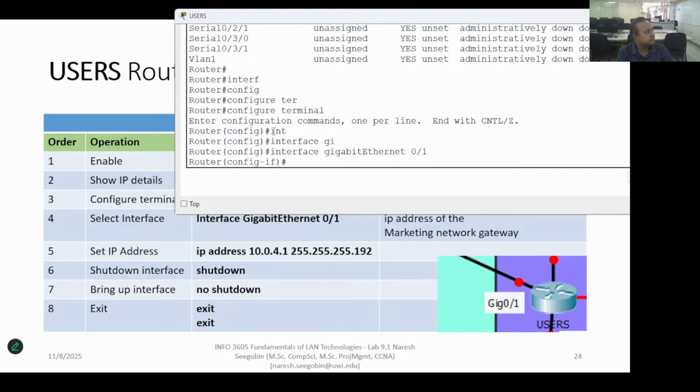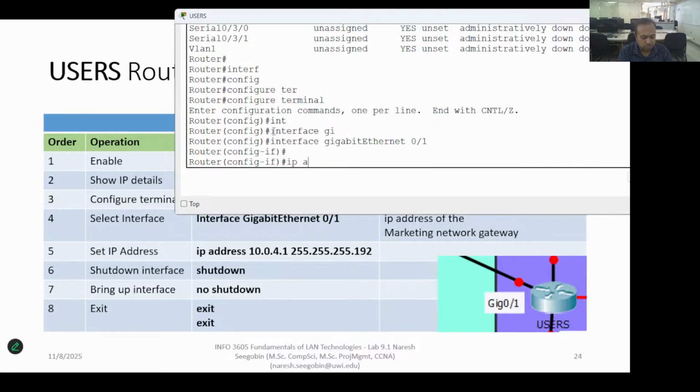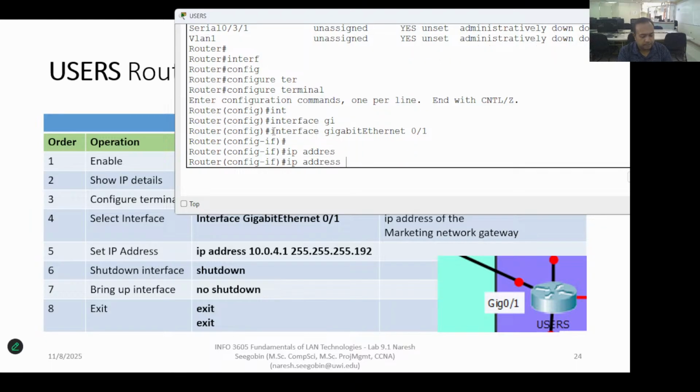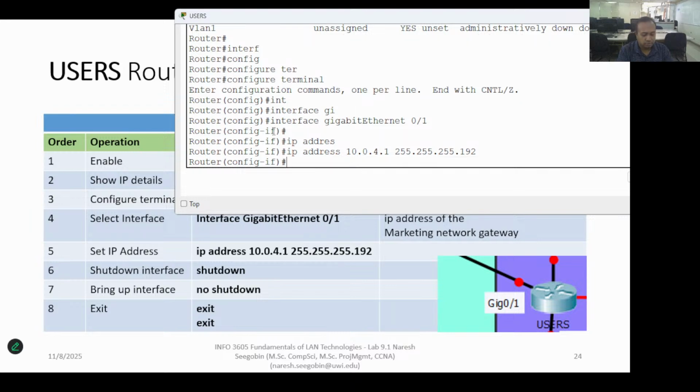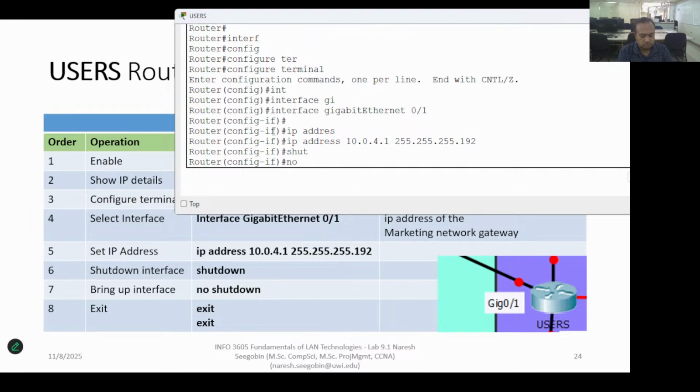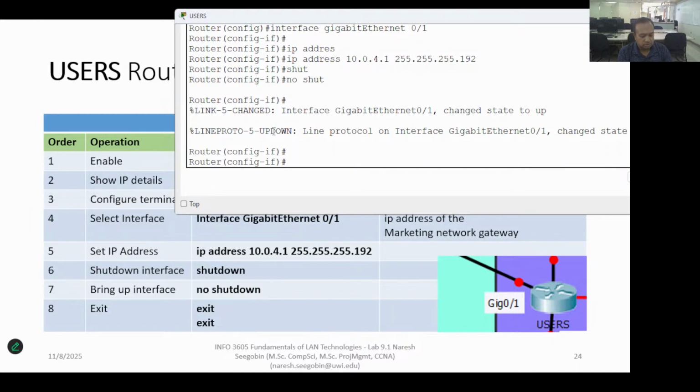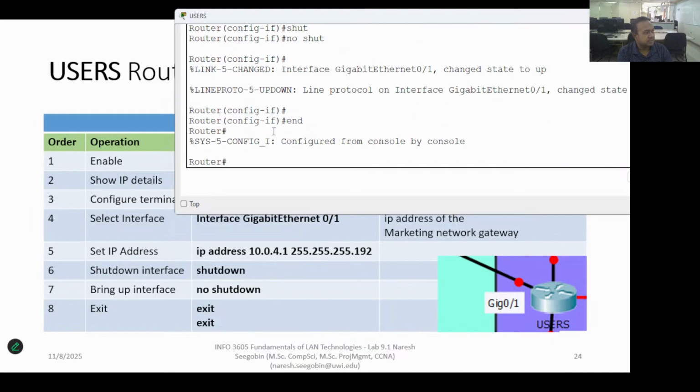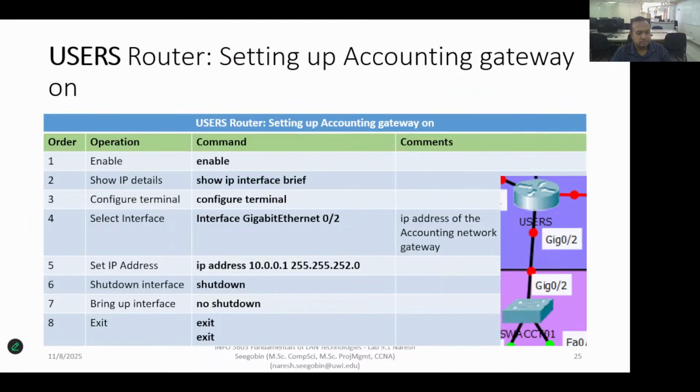Gigabit, .0.41, 192. Alright, do a show. No show. I'll do an exit, but let's go to the next slide now. Go straight up, right?